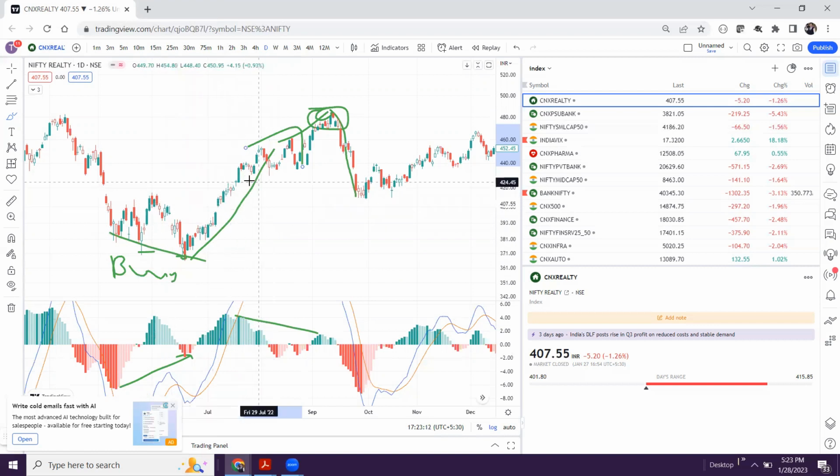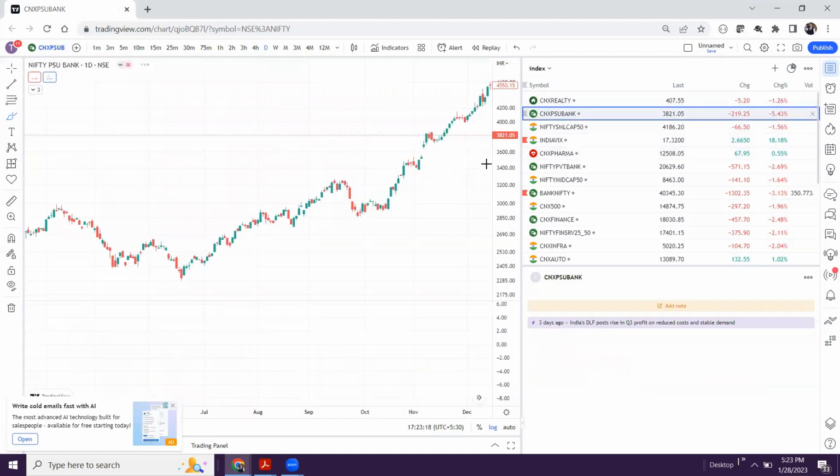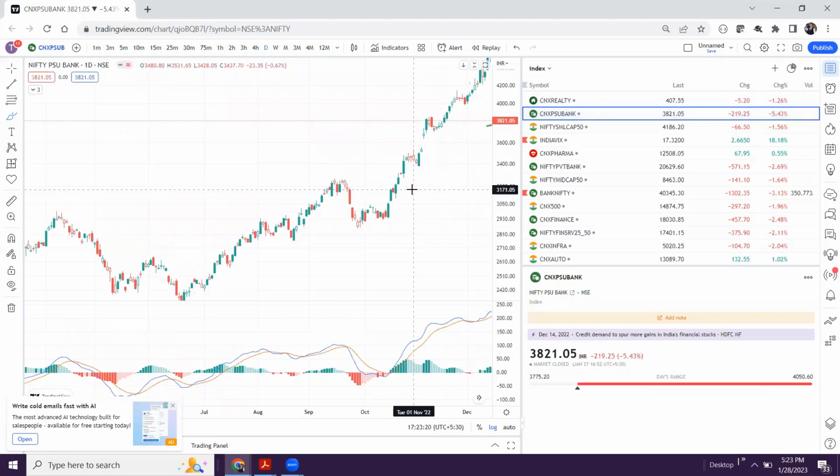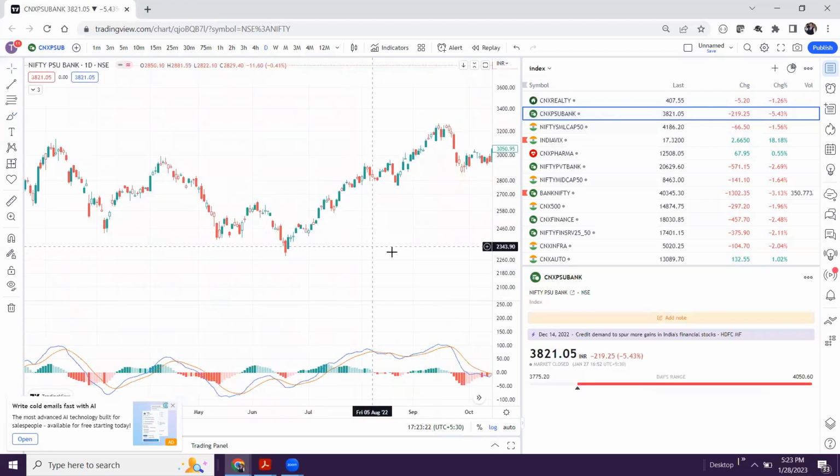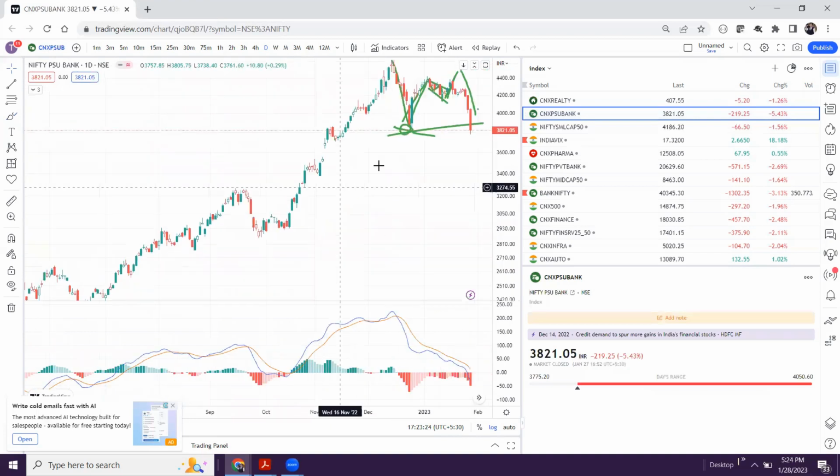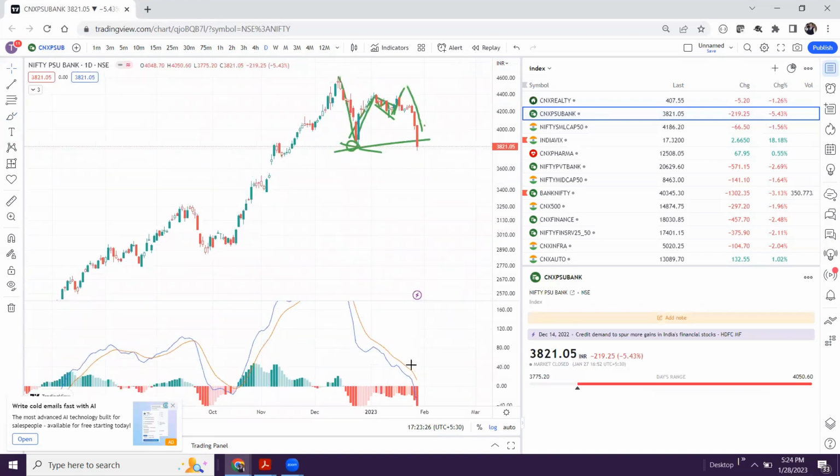Now let us take another index. This was the realty index, and let us see PSU Bank. Sometimes you will see that without even a divergence, the stock is falling. This is a daily chart. If the stock is falling and there is no divergence, then you change the time interval and try to find whether there is a divergence or not.